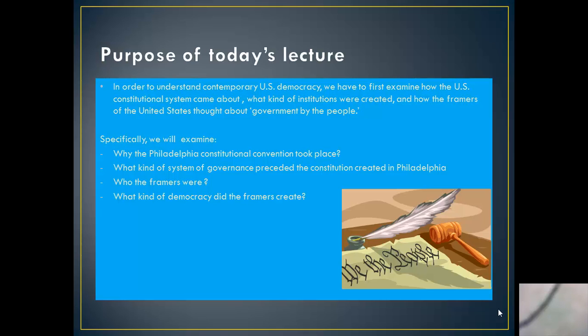What kind of system did it replace? What kind of system was created in Philadelphia in 1787? What was the framers' idea about democracy? And who were these framers? How should we think about them? This will be addressed in part 2 of today's lecture.